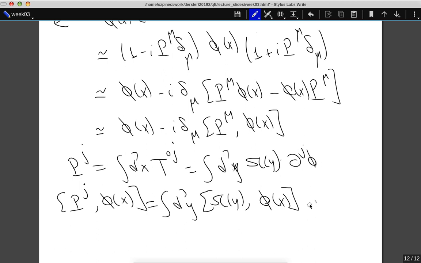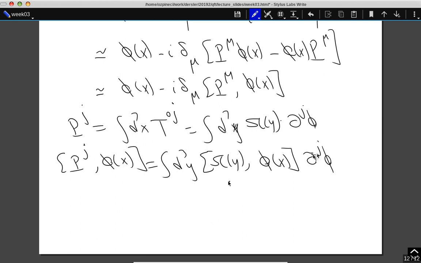Well, del j of phi commutes with phi at equal times. Well, this will be Dirac delta x minus y. So this is just del j of phi. Here there is a minus I.